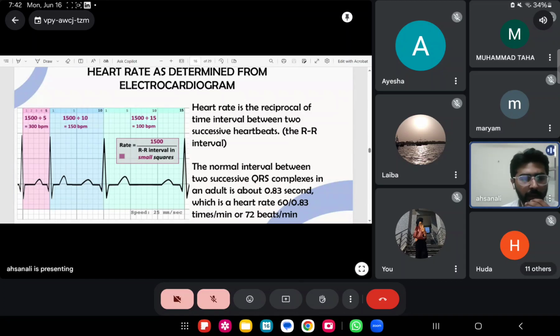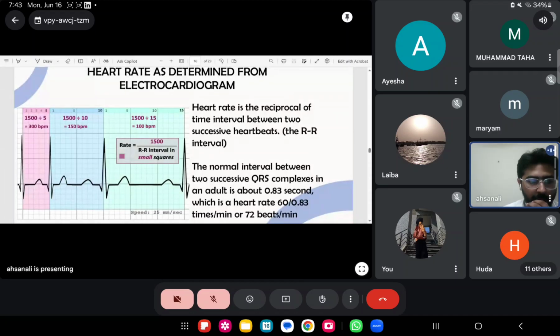You just have to follow the large boxes. If the rhythm is regular, you can calculate by seeing where the QRS complex falls on the large boxes.